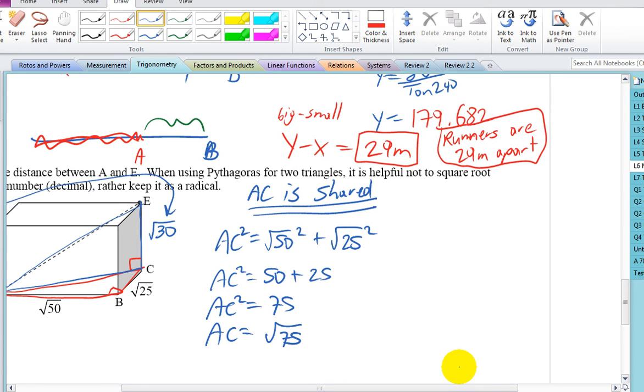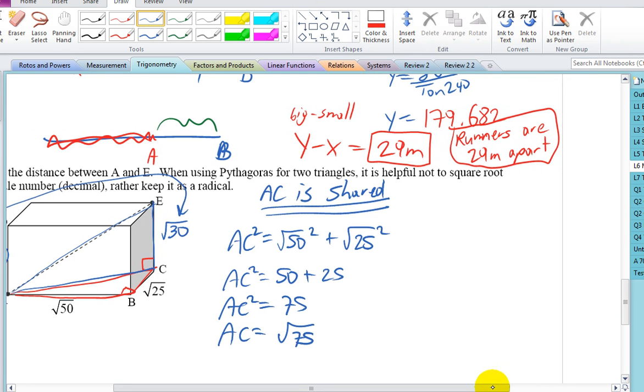Okay, once you find AC, then you can do Pythagoras again.